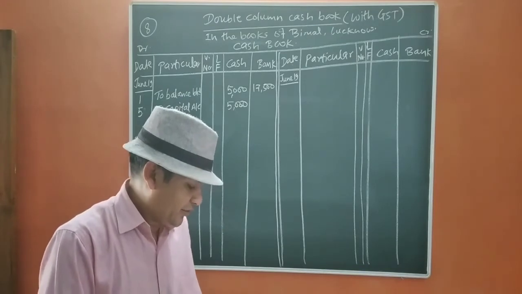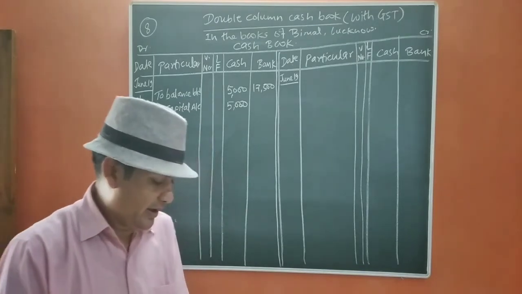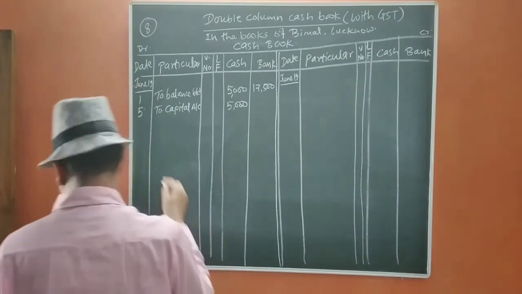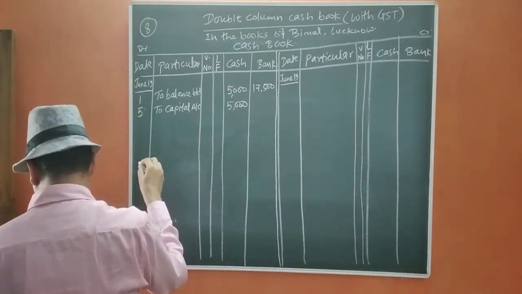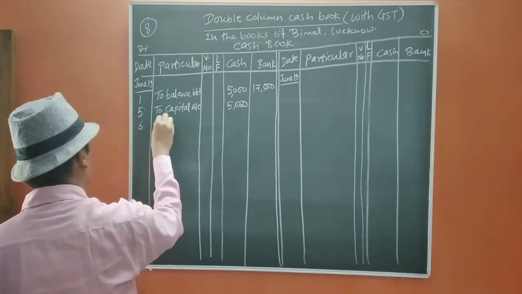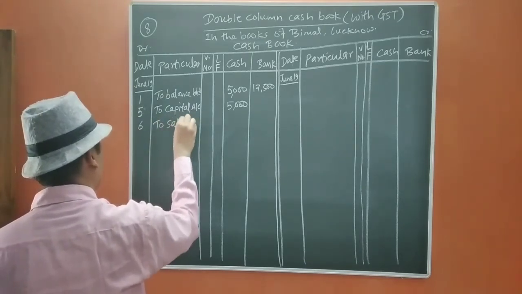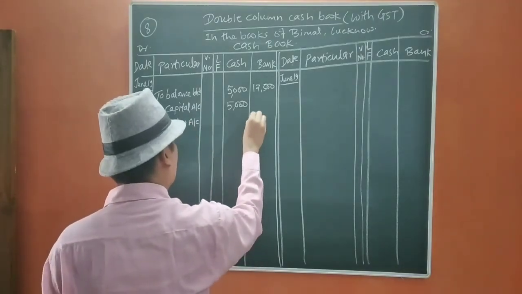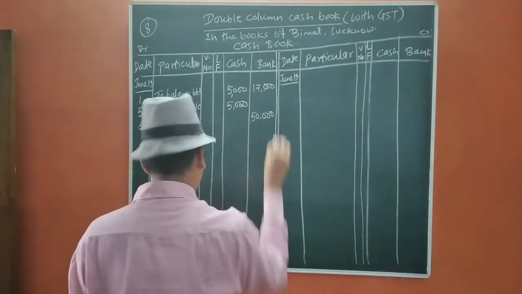Now June 6, cheque received as advance against sales paid into bank. So we are going to treat this advance as a sale to sales account, and that amount has been deposited into the bank, 50,000. Okay.